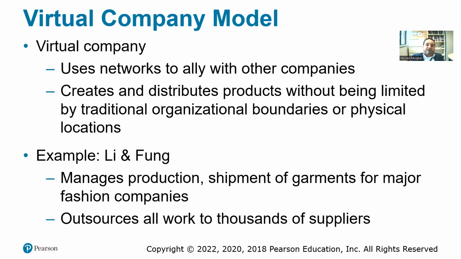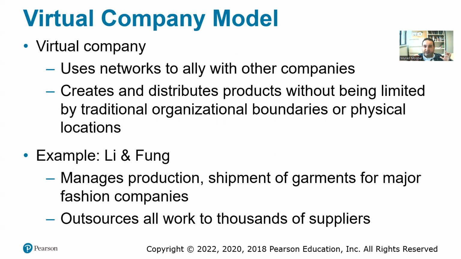So virtual companies, this is where, like Uber, Grubhub, Airbnb, those are virtual companies where they connect producers with consumers, or businesses with consumers, or businesses to businesses, like Alibaba, Amazon.